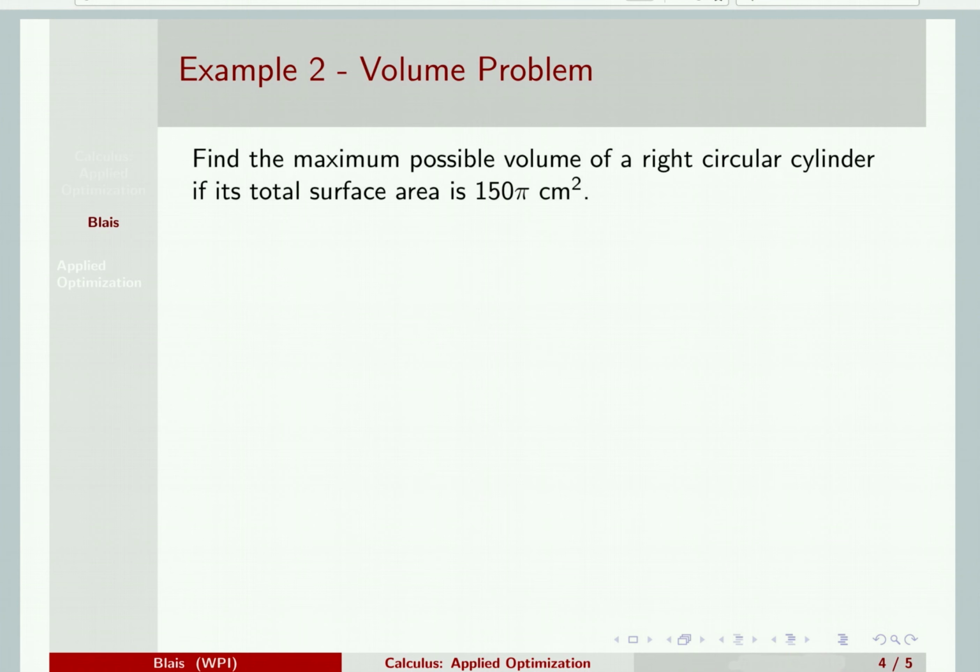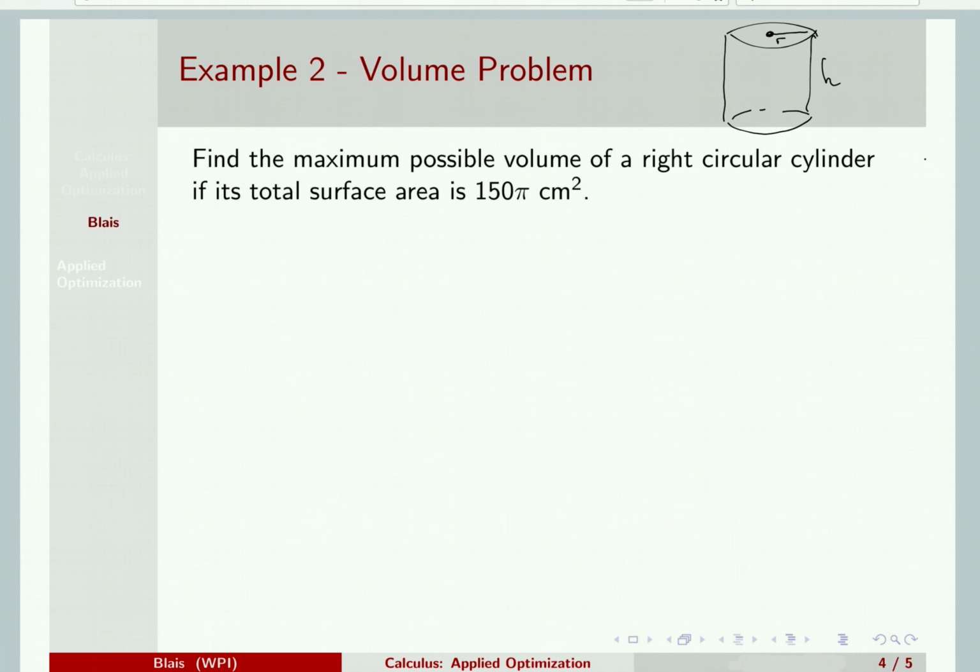So the first thing we want to do is draw a picture, get an idea of what's going on. Right circular cylinder means what we think of as something like a soup can. And we usually say the height is h, and then we look at the radius of the base or the top.